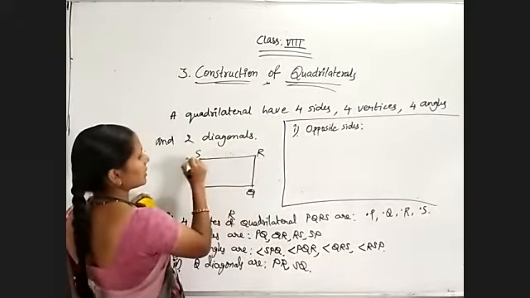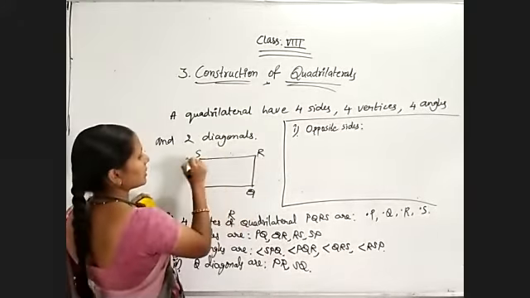So first, PQ and QR are adjacent. Secondly, QR and RS are adjacent. Thirdly, RS and SP. And fourth, SP and PQ are the adjacent sides. 4 pairs of adjacent sides are there.